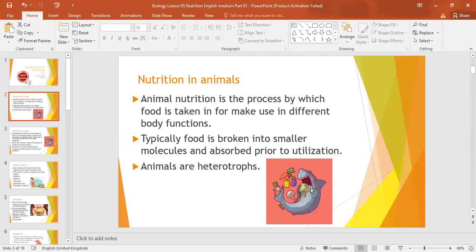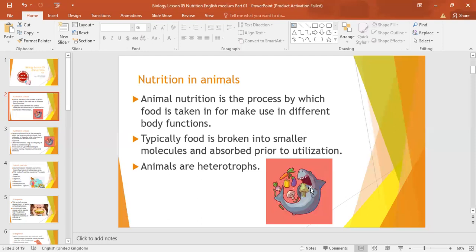Actually, that is called physical or mechanical digestion. Then these small pieces are further digested to the molecular level by using enzymes. That digestion we call chemical digestion.